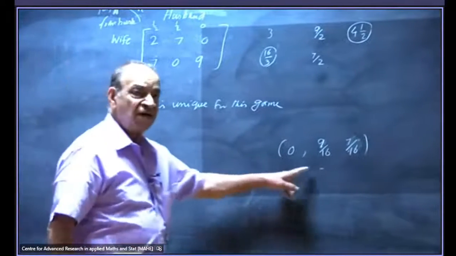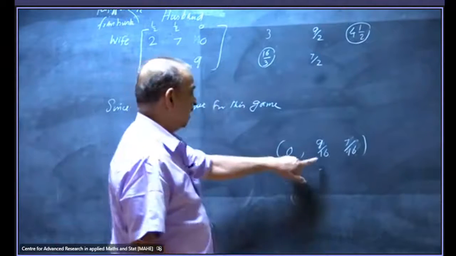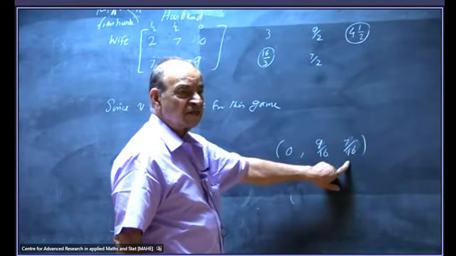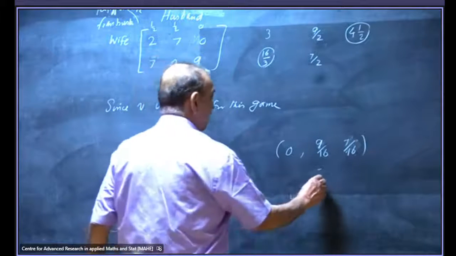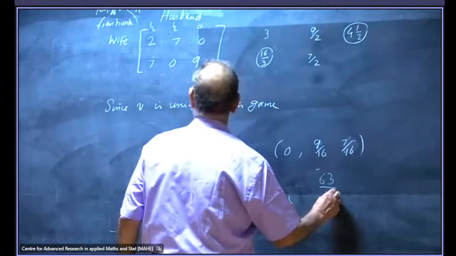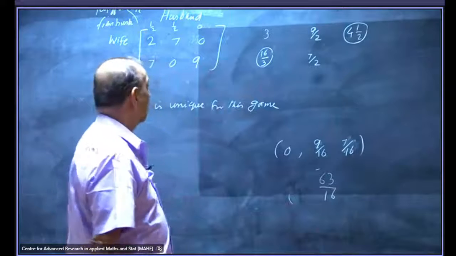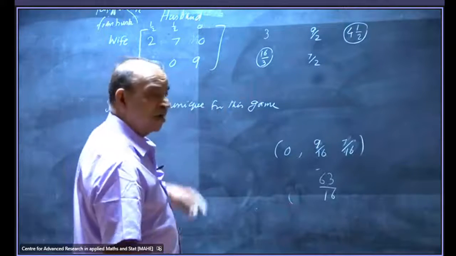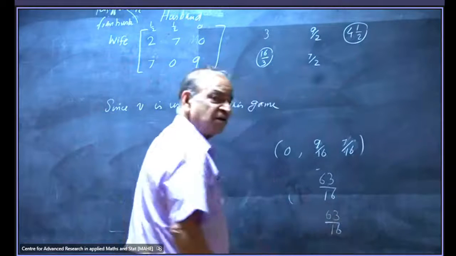Let's try this one. Okay? If the husband selects these two with 9 over 16 and 7 over 16, if she chooses the first row, she is going to get on the average 63 over 16. Are you with me? If she chooses the second one, that is also going to be 63 over 16.